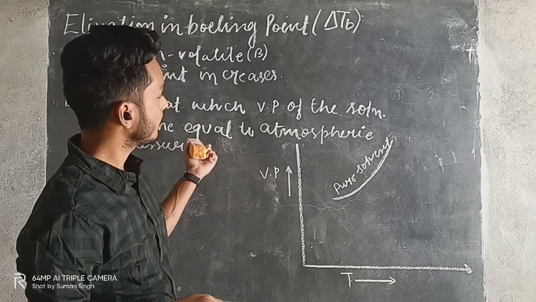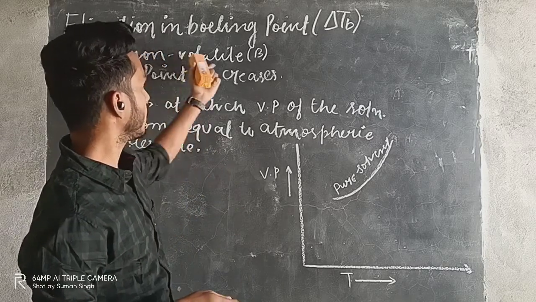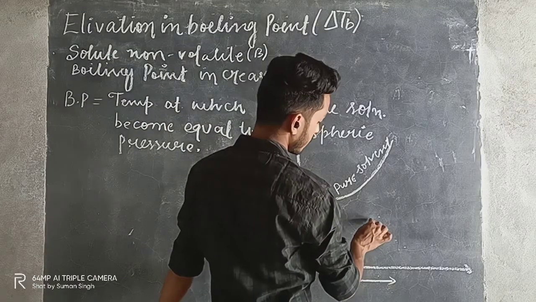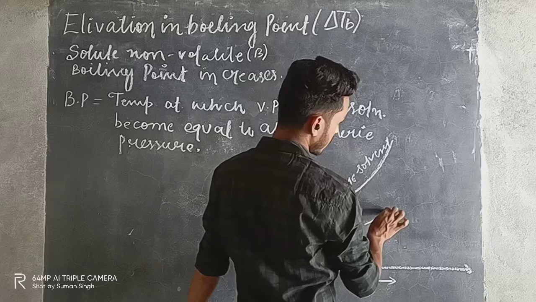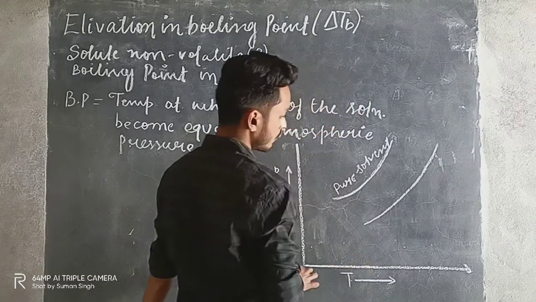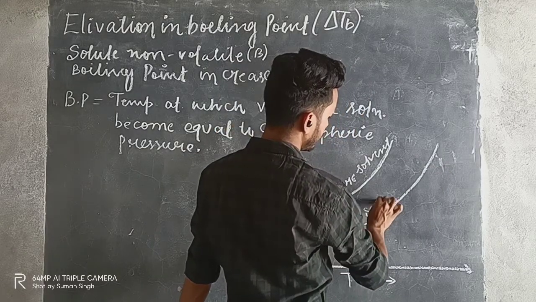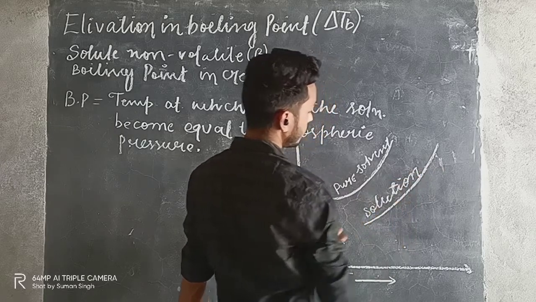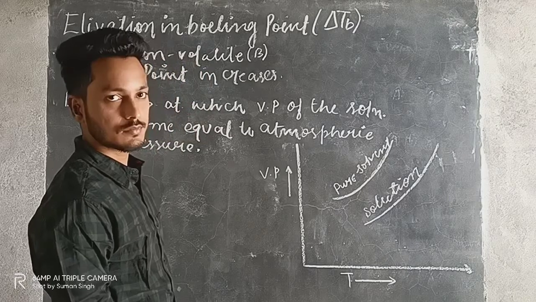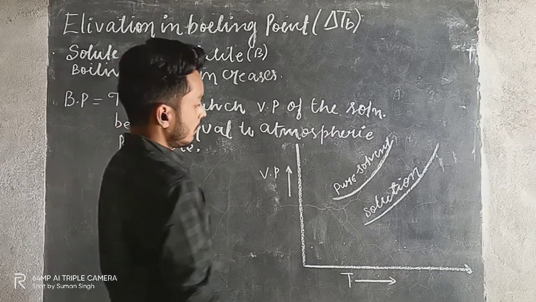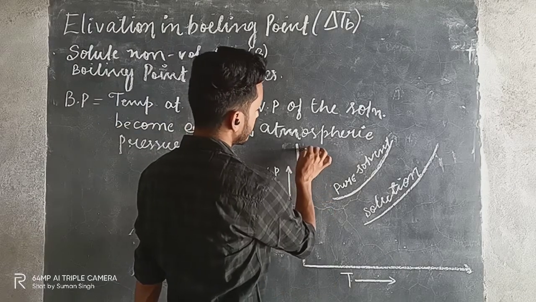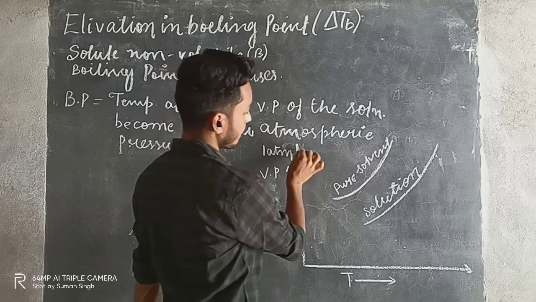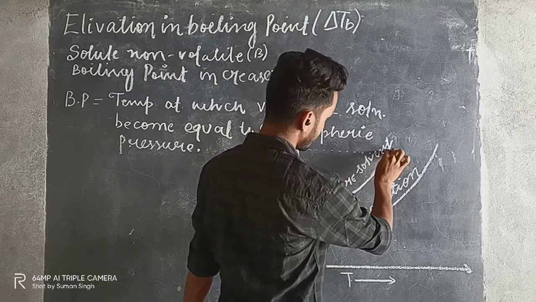When we have added a non-volatile solute, the temperature is increased. Suppose this is the graph of the solution, and we have assumed here 1 atm.